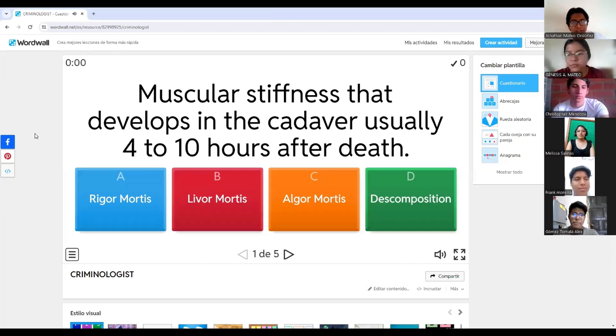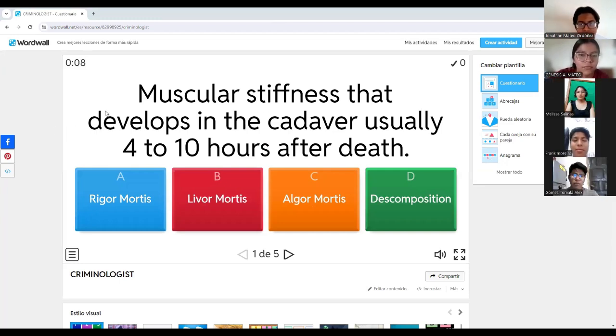Okay, the first one is a definition. Muscular stiffness that develops in the cadaver usually 4 to 10 hours after death. What phenomenon is this? We have A, rigor mortis, B, livor mortis, C, algor mortis, and the last one is decomposition.